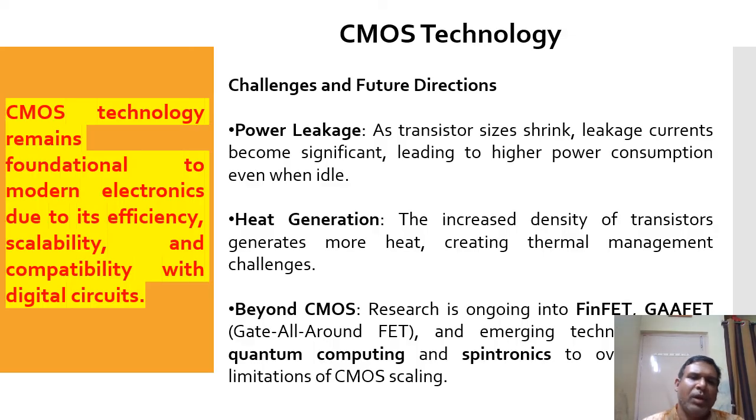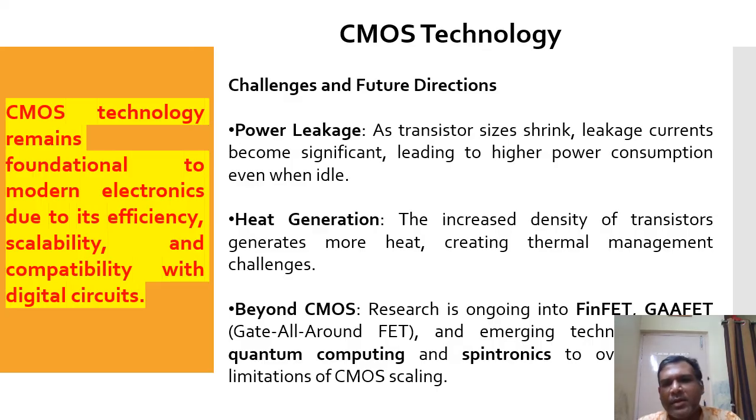of CMOS technology. After that, the heat generation is also one of the challenges. The increased density of the transistor generates more heat and creates thermal management challenges. And beyond CMOS technology, research is ongoing into FinFET technology, GAA-FET, Gate All-Around FET technology, and emerging technologies like quantum computing and spintronics to overcome this limitation of CMOS scaling.